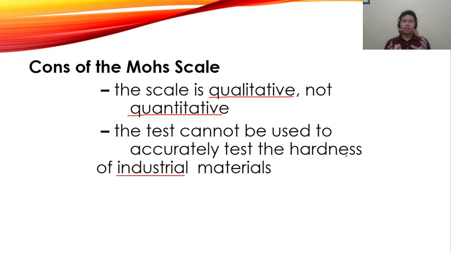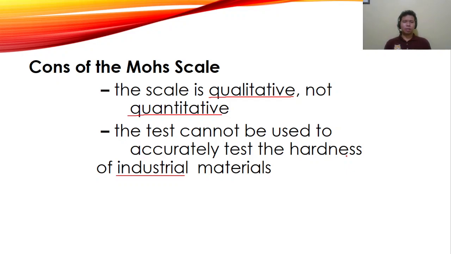But that's it. We cannot provide a value for how hard the diamond is compared to the hardness of gold. Regarding the specificity of its hardness, we have no data to provide.